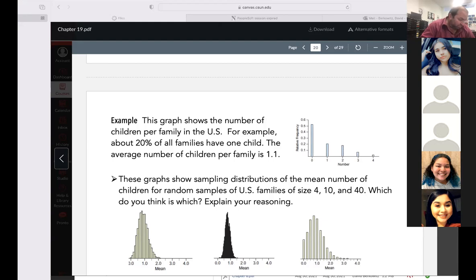I'll give you a couple seconds to think about it. And then I'll say go. And when I say go, I would like everyone to type it in.